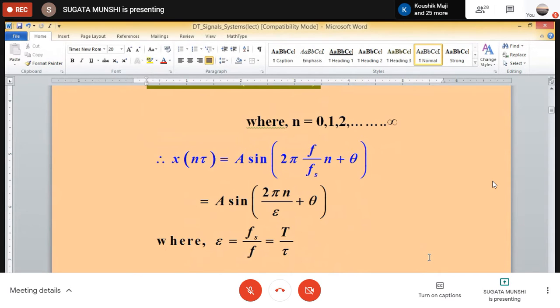I would like to point out one thing here. This determination of the minimum frequency that is required, this entire exercise, in almost all the textbooks, is done in the frequency domain.